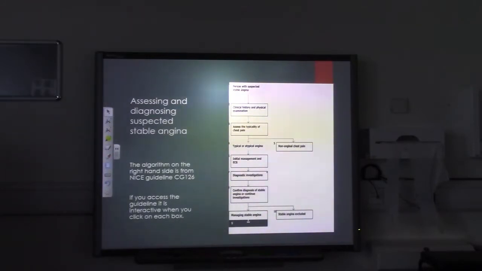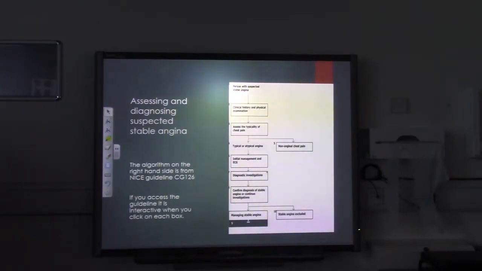So if we look at this algorithm, you've got person with suspected stable angina, clinical history and physical examination. So we've also talked about what types of activity caused the pain, thinking about assessing the typicality of that chest pain.